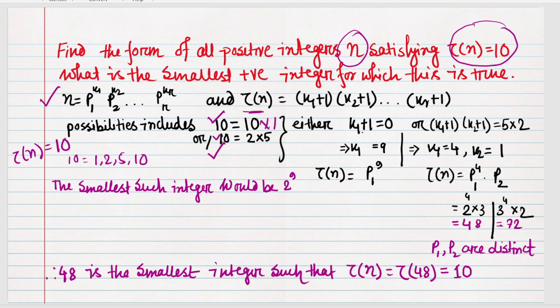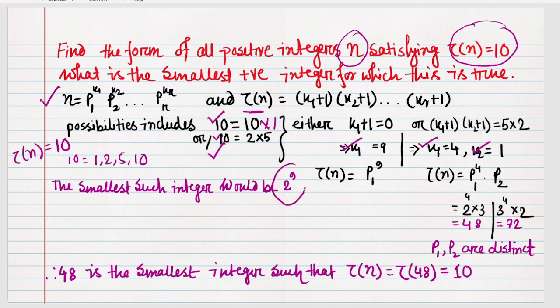Either k1 plus 1 equals 10, that means k1 equals 9, or k1 plus 1 into k2 plus 1 is 5 cross 2 or 2 cross 5, which says that k1 equals 4 and k2 equals 1. K1 equals 9 means that n must be of the form p1 raised to power 9.